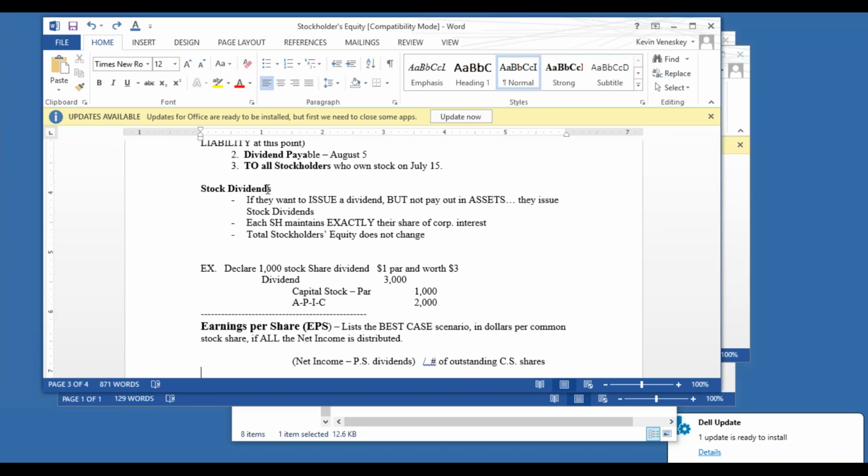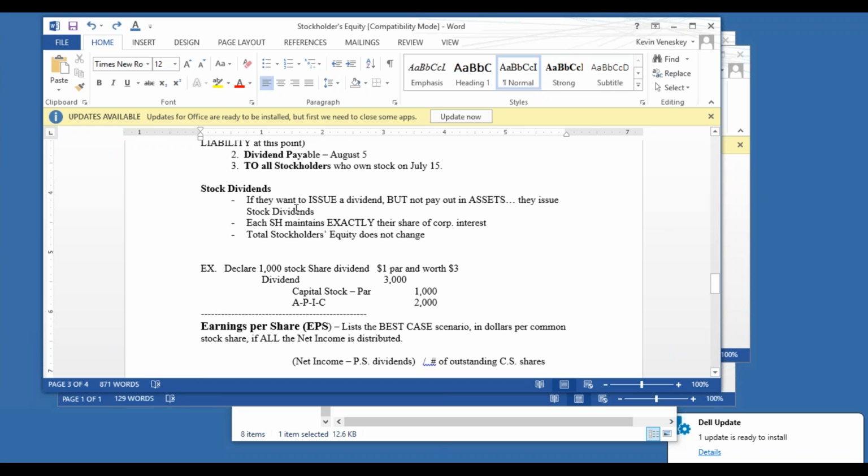The good part for the stockholder is they could then turn around and sell that stock and get whatever the market price is. So it's kind of like getting cash. It just depends on what you want to do with it. A lot of companies will do this for their employees. There'll be a stock incentive program, whereas if you perform so well, you'll get shares of the company stock. And that's what they're doing here.